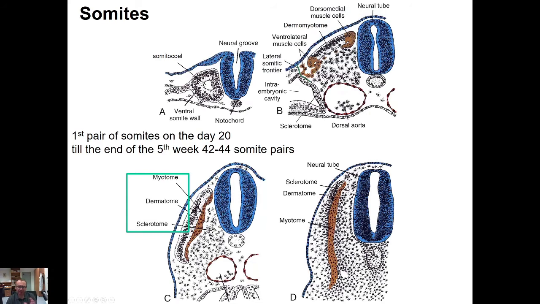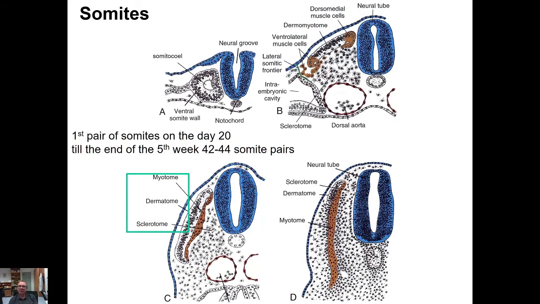A somite at the beginning is a structure composed of epithelial cells. Why epithelial? Because the original mesoderm wasn't epithelial, there were migratory cells, but these migratory cells are joining together and forming epithelial tissue after finishing the migration. These epithelial cells are forming spherical groups, which are called somites. These groups at the beginning are hollow.